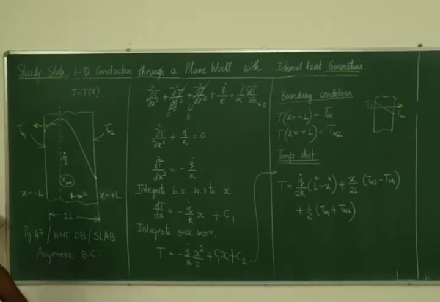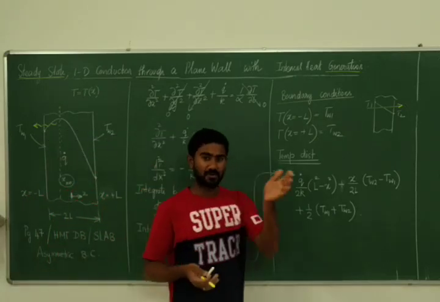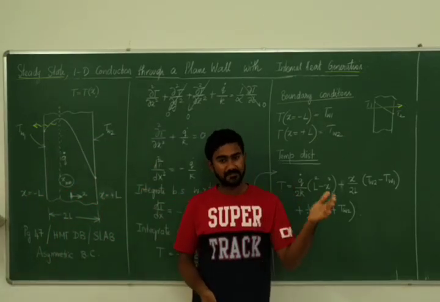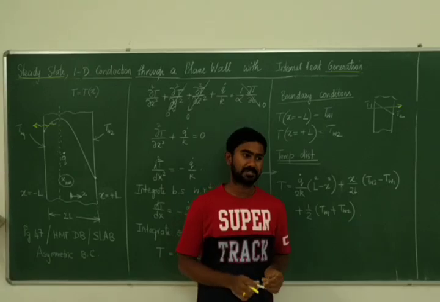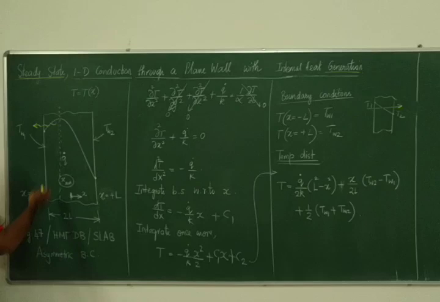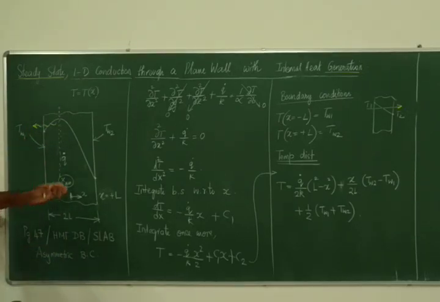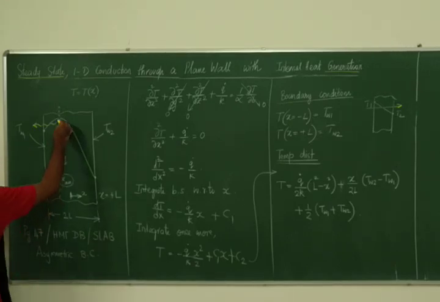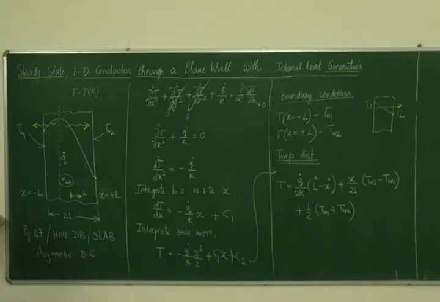Clausius statement. Heat always flows from a hot body to a cold body, or heat naturally flows from high temperature to low temperature. So you see that this plane is very important because on the left side of the plane, heat is going to be transferred in the negative x direction. On the right side of the plane, the heat is going to get transferred in the positive x direction.